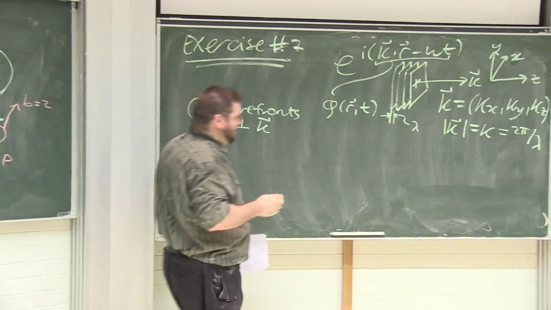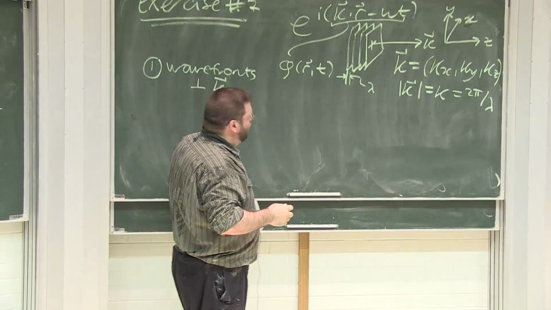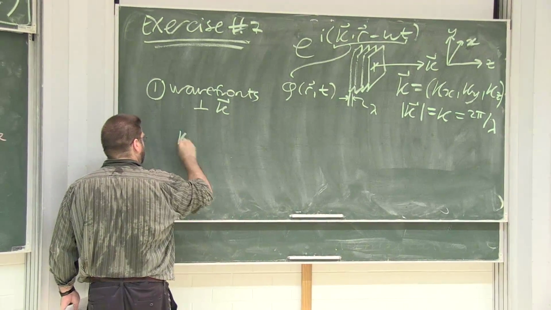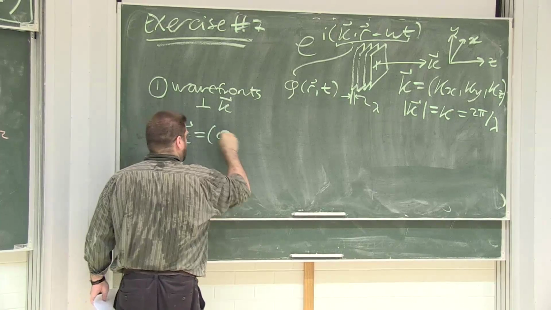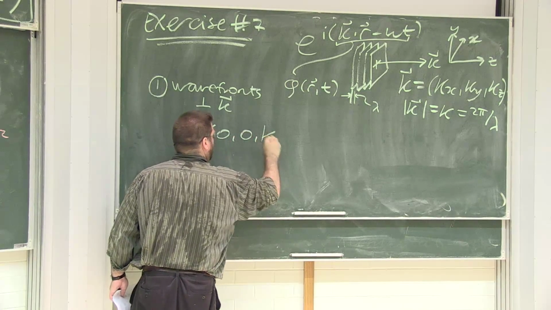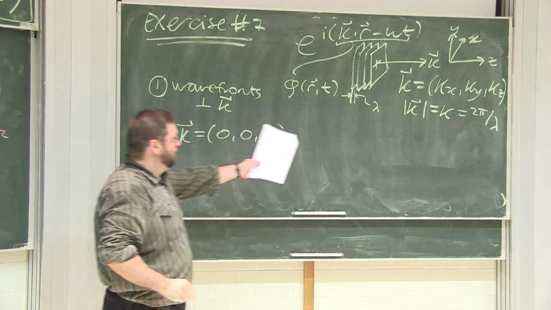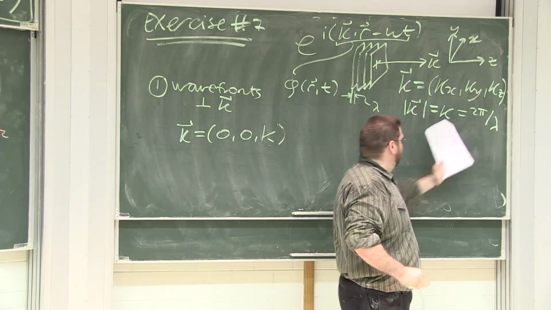So we've aligned our z coordinate with the wave vector. And so in this coordinate system, the wave vector, and there's no loss of generality, has one component. And I'll call it k, because I know that the magnitude of the wave vector is the scalar k.